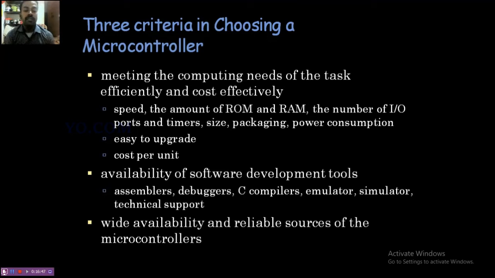That is one thing. The second thing is availability of software development tools. For a microcontroller, so many tools are given by the manufacturer to develop the microcontroller software, such as Keil and so many others. Debuggers, emulators, simulators and compilers are available freely on the internet. Then there is wide availability of reliable sources of microcontrollers.